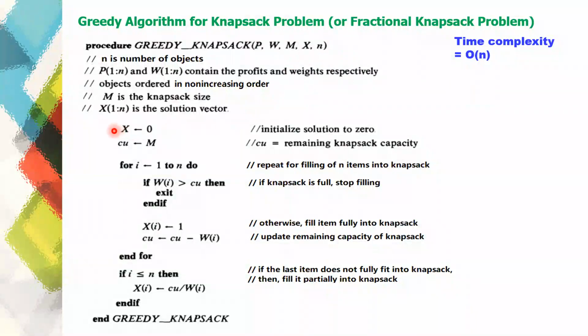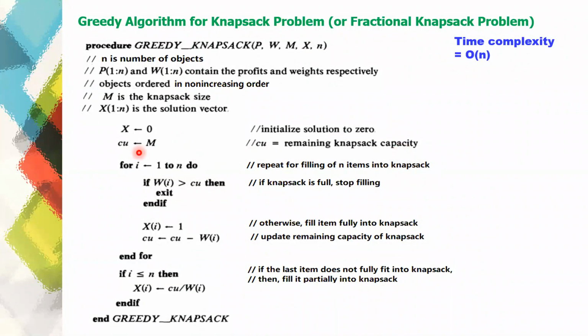Now, initially the solution vector will be empty. And Cu, the remaining knapsack capacity. Cu is the remaining capacity of the knapsack. Initially, you have not filled any items into the knapsack. That means the entire knapsack is free.